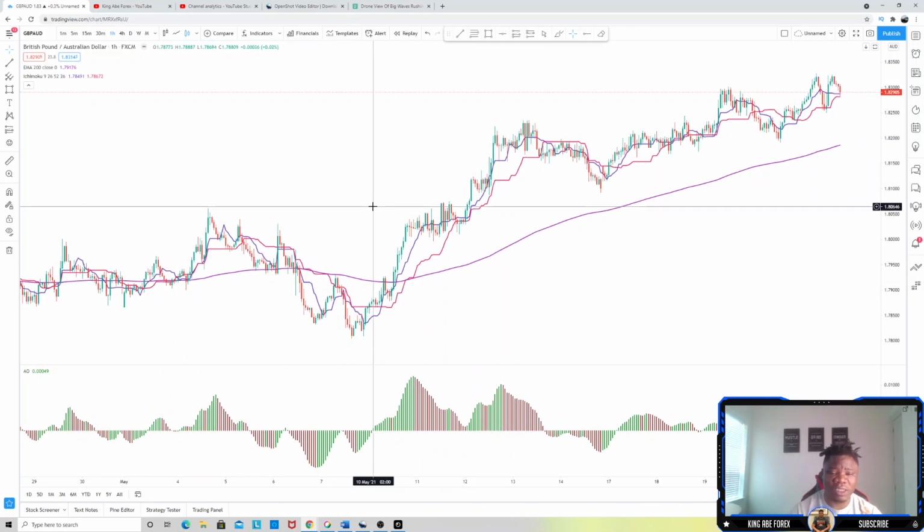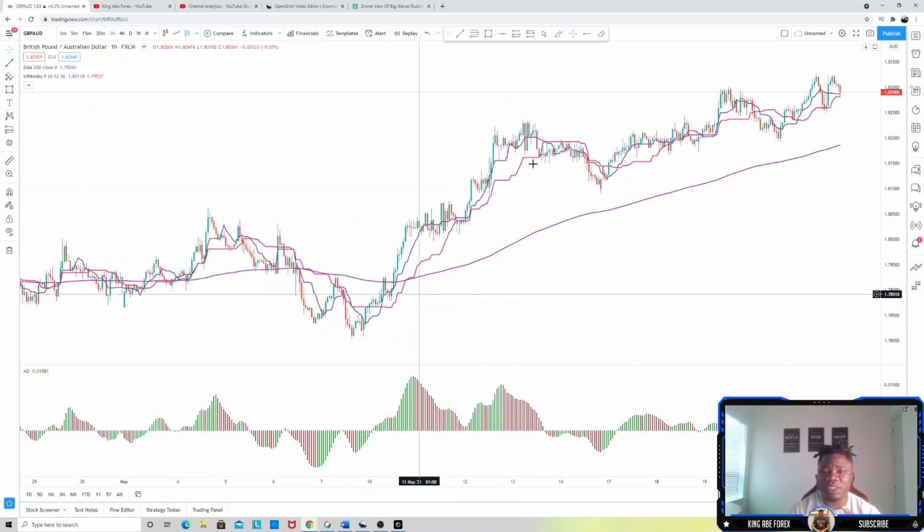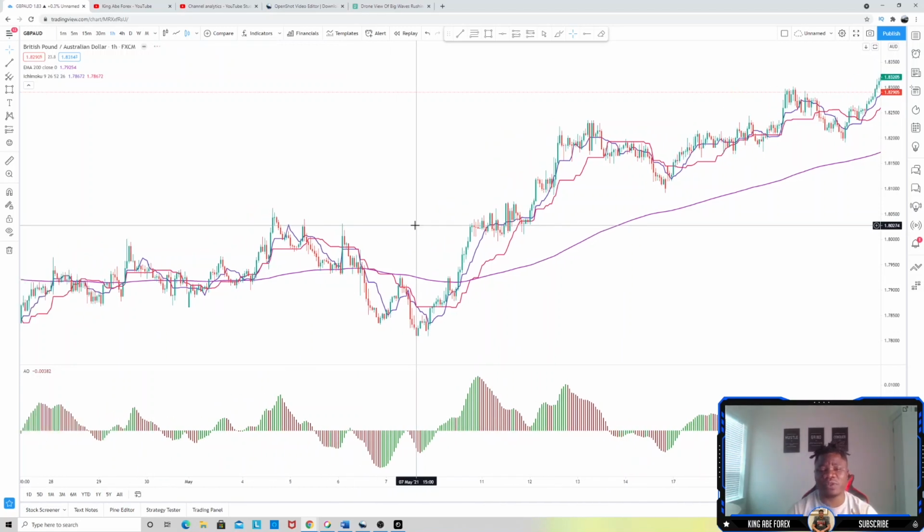Now, because this is a buy entry, what we need to figure out is where our resistance is. If you understand trading, support is always going to turn into resistance. So that's the zone we need to figure out: where our support zone is, which then also became a resistance zone.